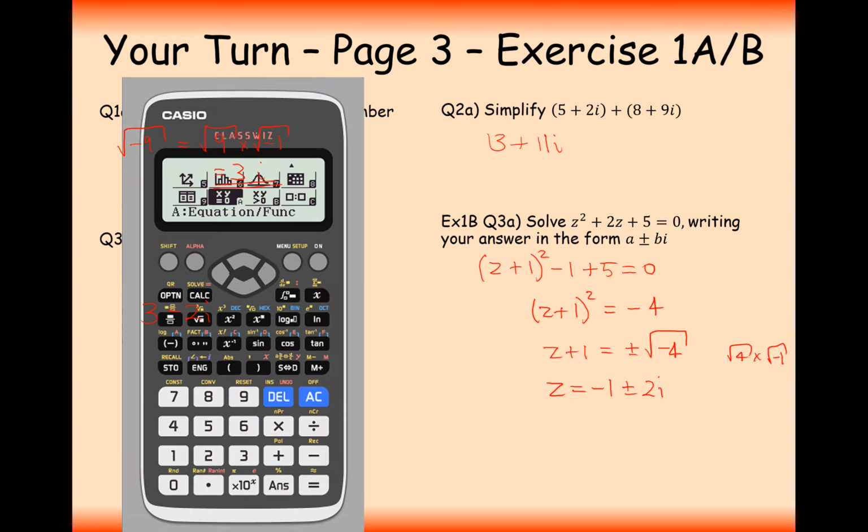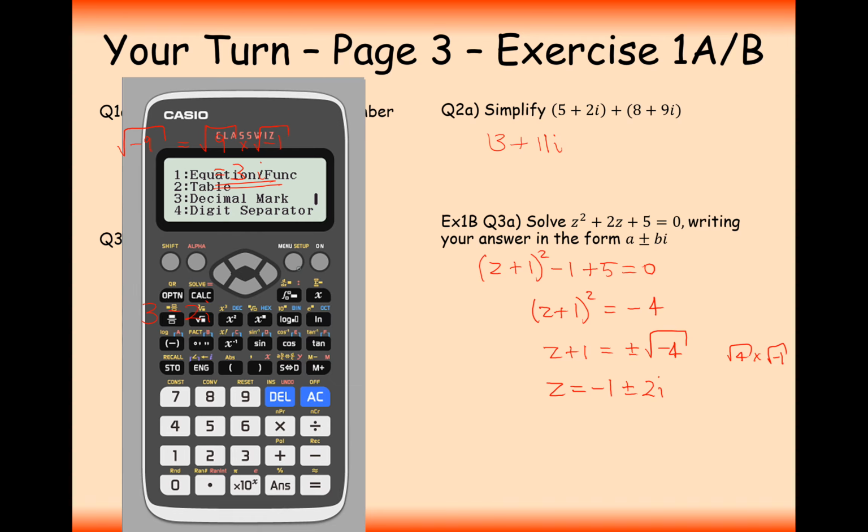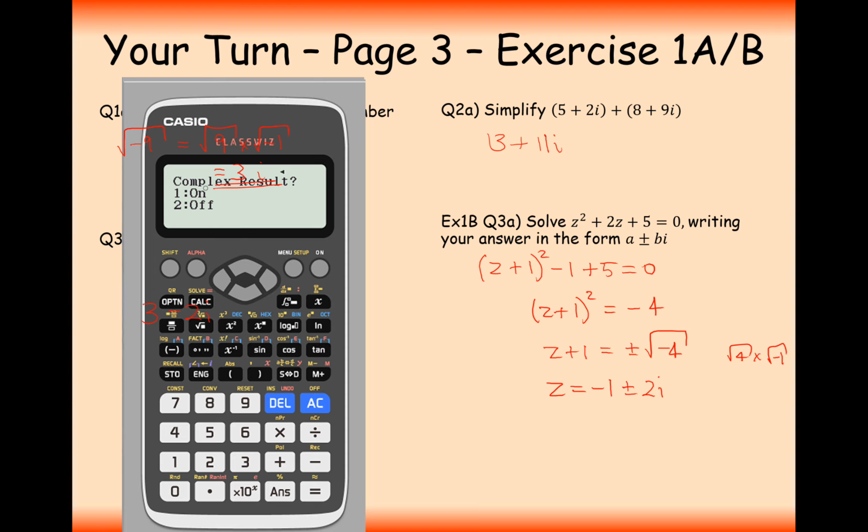Let's see this work on your calculator. Try and ignore the red writing, do apologise. Now, we're going to solve a quadratic equation here. So scroll right the way down once you've hit menu to equations solver. It's option number A. Now what you need is to hit setup, so it's shift and then menu, and scroll down until you get to complex result mode, and you want to click that on.